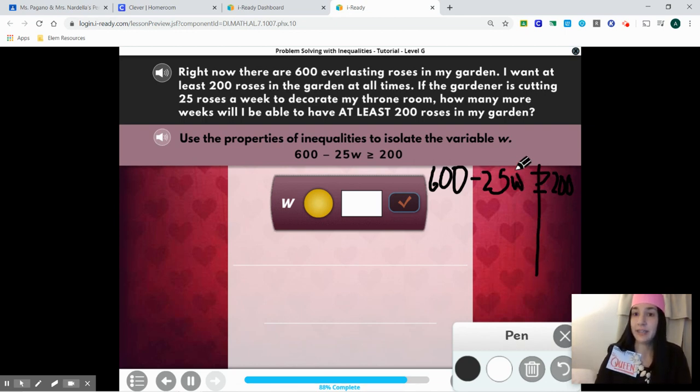Now we see that the negative 25 is attached to the W. W is what we want to isolate and get alone. So we can't move this negative 25 yet. What we first have to move is this 600. This is a positive 600. So to move it to the other side of our inequality, we have to subtract 600 from both sides. So let's do that. Minus 600, and over here, minus 600.